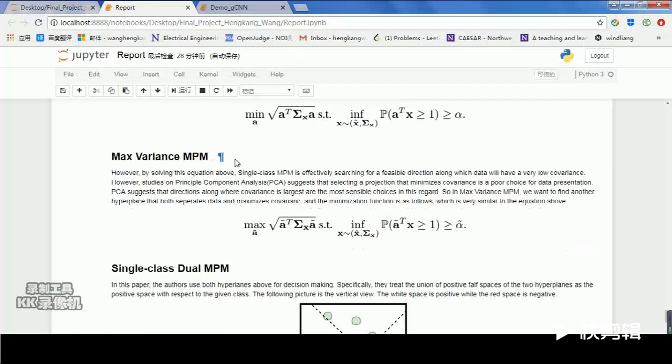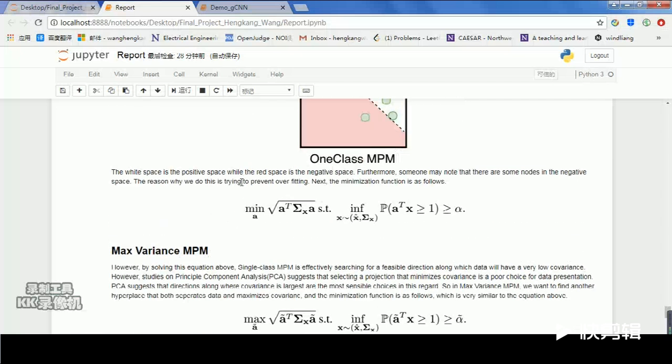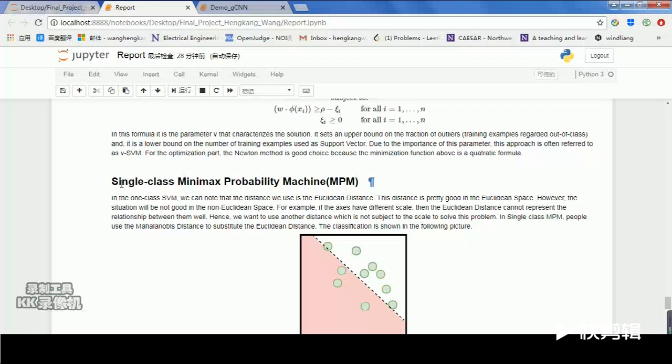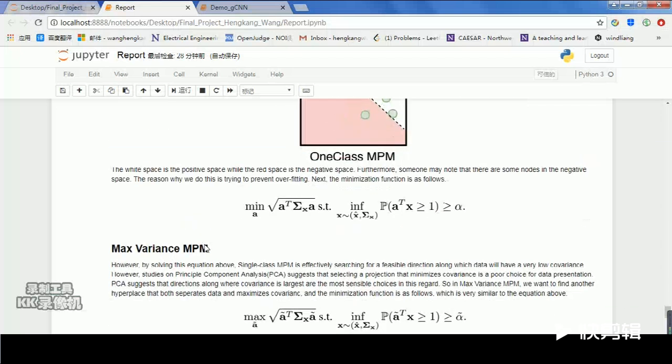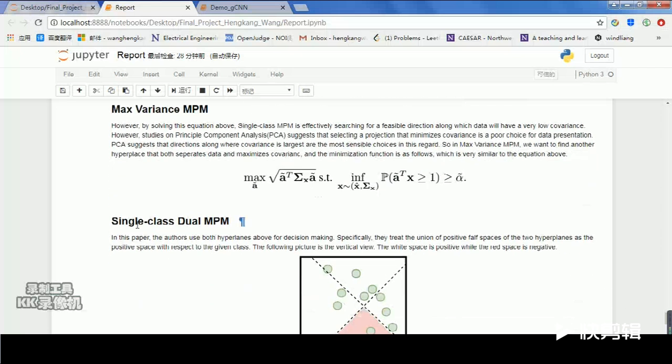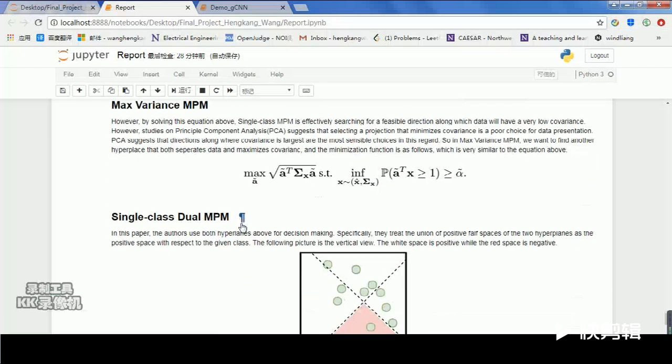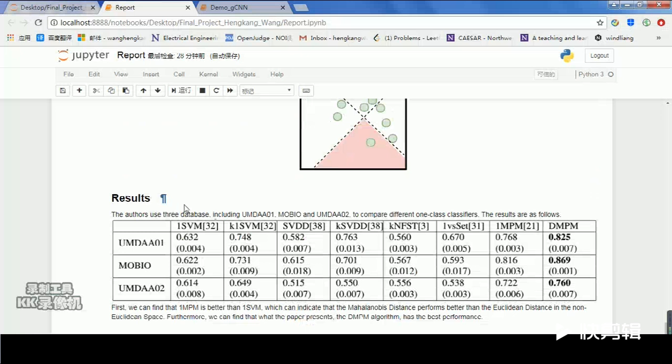And then the paper combines both the single-class minimax probability machine and the max variance MPM together to get the single-class dual MPM. And then for the results part, we can see that the dual MPM performs best.